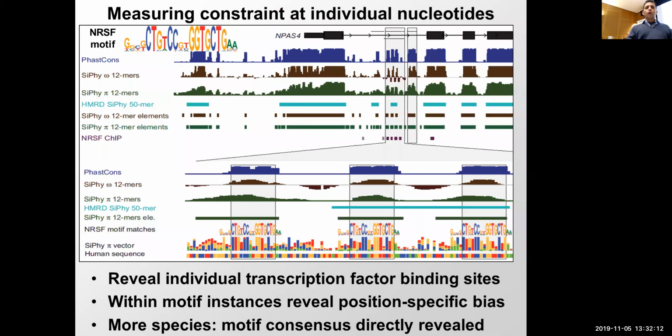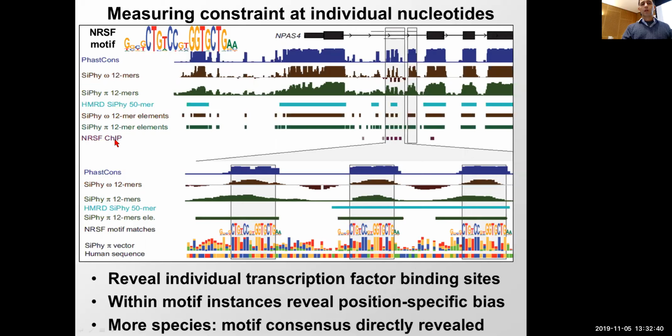So you can actually do that with more species. You can reveal individual transcription factor binding sites. As you start piling up hundreds of mammals, you can basically identify individual motif instances, and then you can corroborate those using evolutionary constraint, but also using matches to known motifs, and also using transcription factor binding using chromatin precipitation that we saw in the motif lecture.